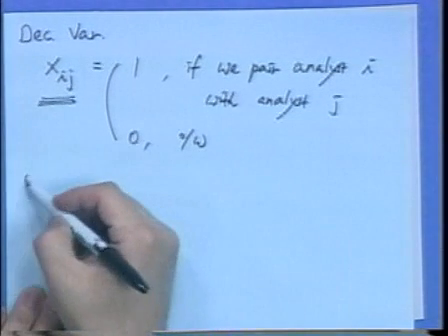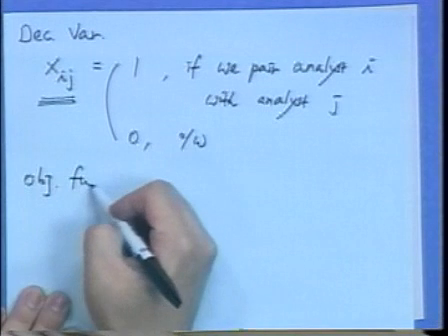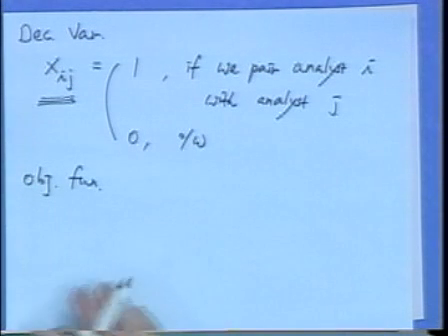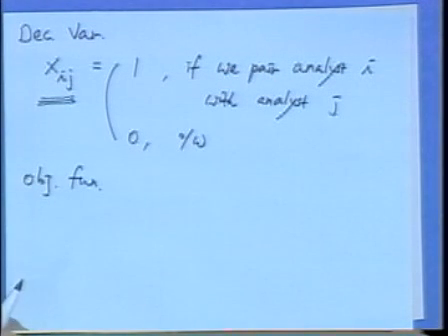And our objective function is to minimize the sum of the incompatibility ratings. So we have to use the given table with incompatibility ratings, right?